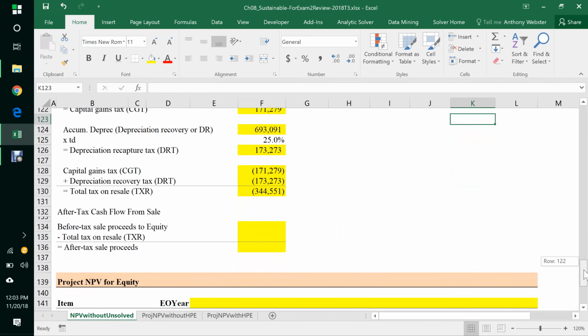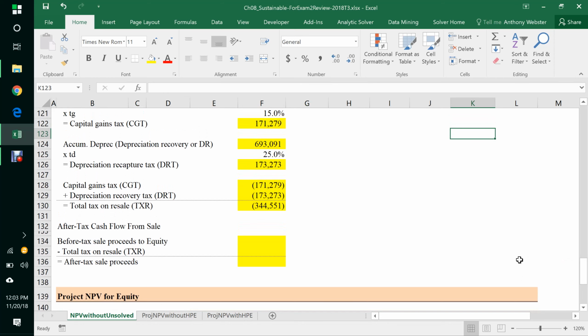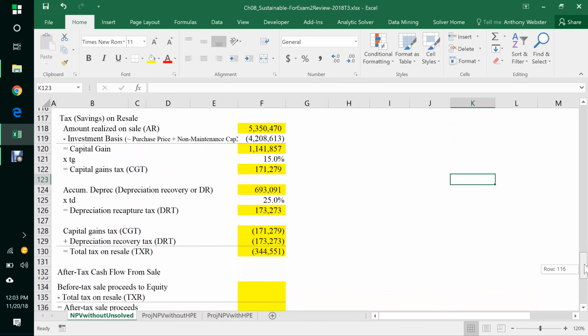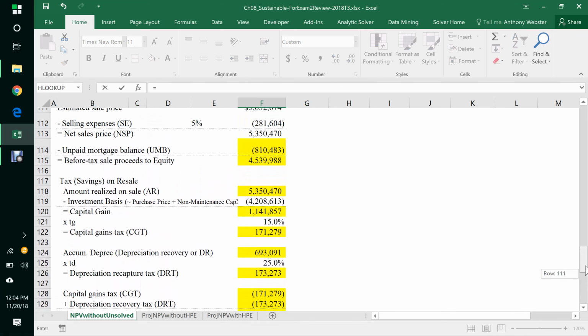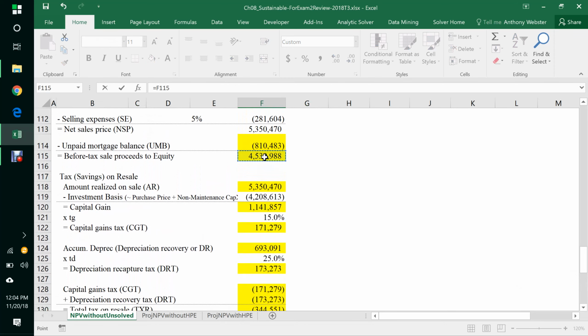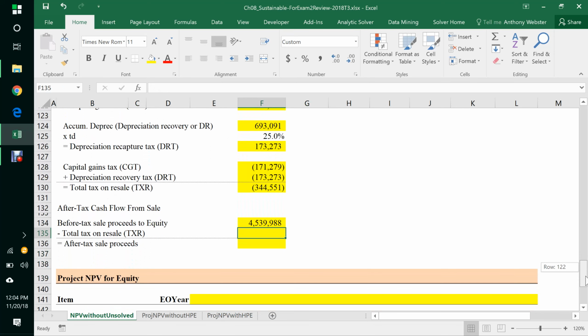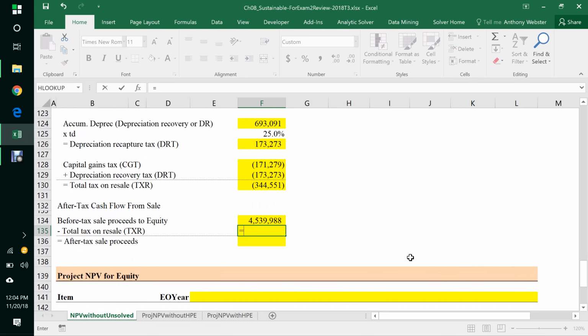All right, so our total tax we got now, and hopefully I've computed somewhere up here my before tax proceeds to the sponsor, which is CAG in this case, and here we go. I did do that happily. Okay. And now I have to subtract the tax. And I get my after-tax proceeds to equity. Okay. It's $4 million. That's a nice lump to get there.